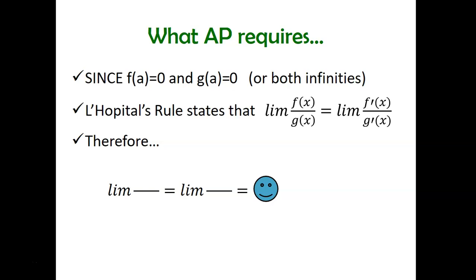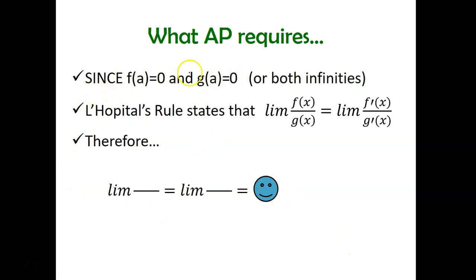Then we have to specifically say, since, let's say the limit's approaching 2, f of 2 is equal to 0 and g of 2 is equal to 0, or it might be that they're both infinity. So since f of 2 is equal to infinity and g of 2 is equal to infinity, although I'd say approaching infinity there, we state the rule.